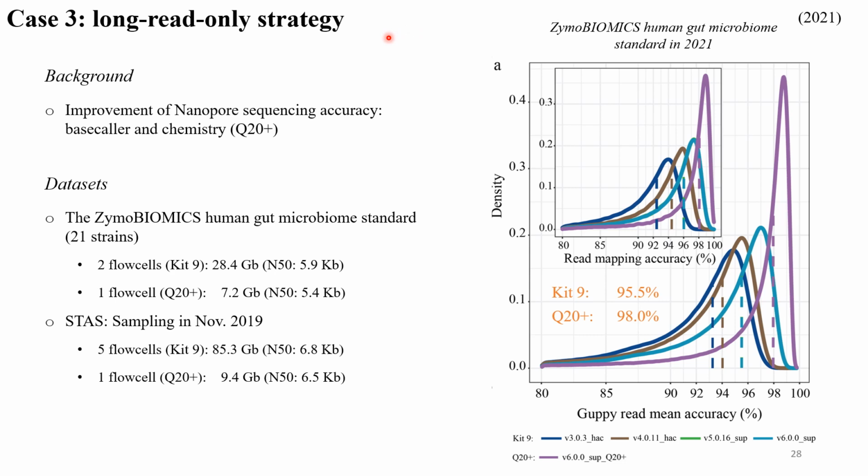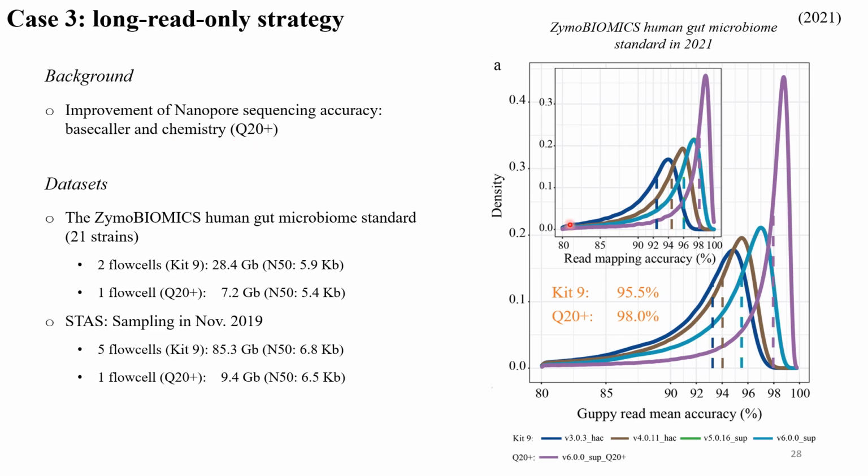However, based on the sequencing dataset of the mock community in 2021, we have seen the median value of the sequencing accuracy has been substantially improved, mostly due to the basecaller upgrades and the newly developed Q20+ chemistry.